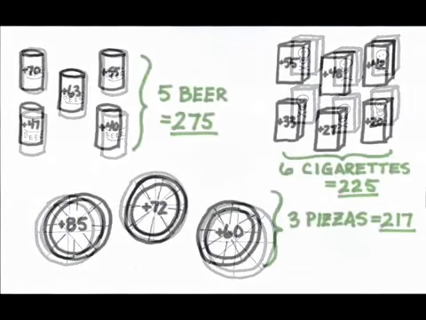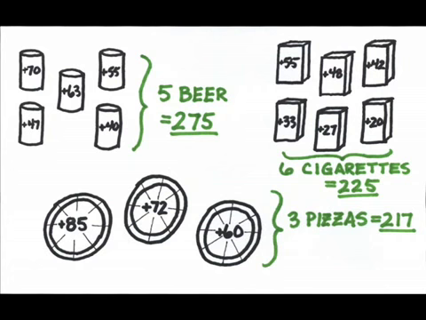I can tell this by adding up the marginal utilities from the units consumed. If you take a look at the pizza, the first gave 85, the second gave 72, the third gave 60, for a total of 217 units of satisfaction from those 3 pizzas. You could calculate for the cigarettes and the beer as well. Overall total, 717 units.